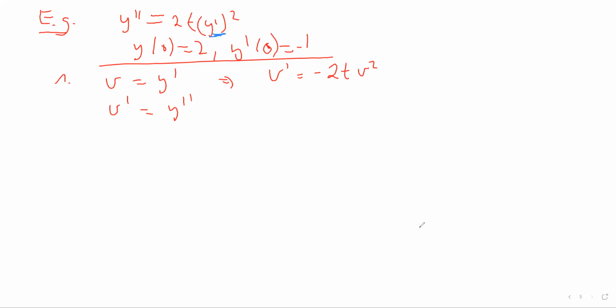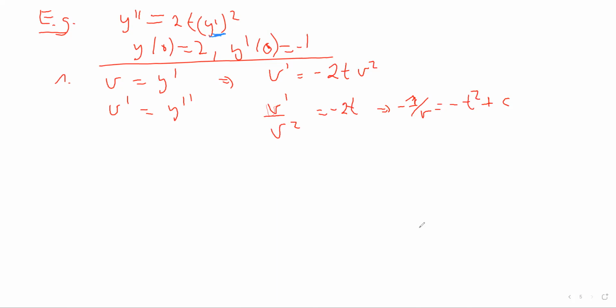Okay, and then once you have that, of course, it's possible to write v prime over v squared is equal to minus 2t. And then this is nothing but minus 1 over v is equal to minus t squared plus c. Of course, this is nothing but just integration.